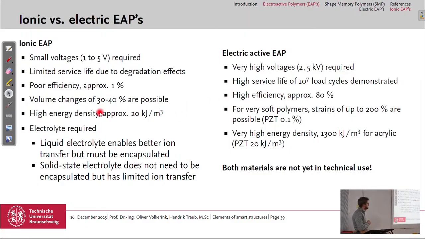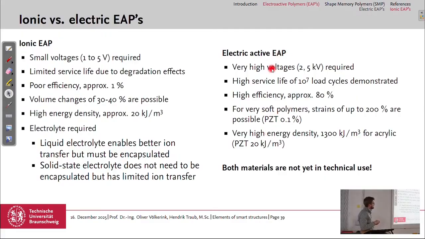Energy density is high for the ionic ones, but we need an electrolyte, and a liquid electrolyte enables a better transfer, but we need to encapsulate it, and a solid state one does not need the encapsulation but has limited ion transfer.